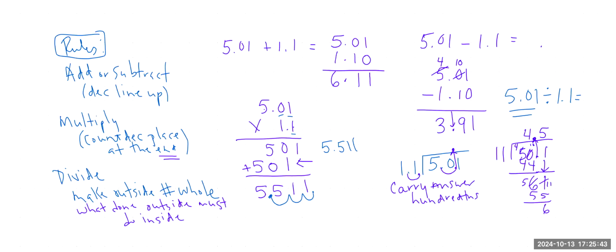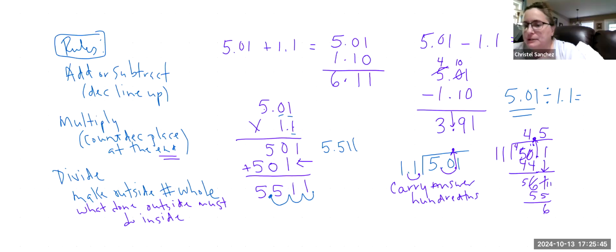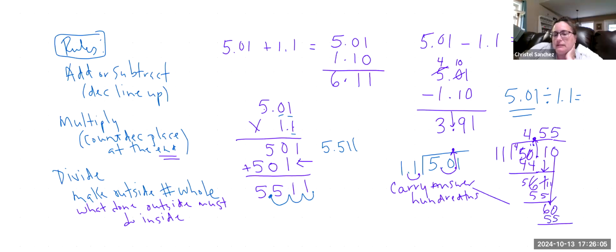Add another 0. All right, so since that 11 can't go into that 60, gonna add another 0. And then how many times does 11 go into 60? It's gonna be 5, which gives us 55 and gives us 5 left.